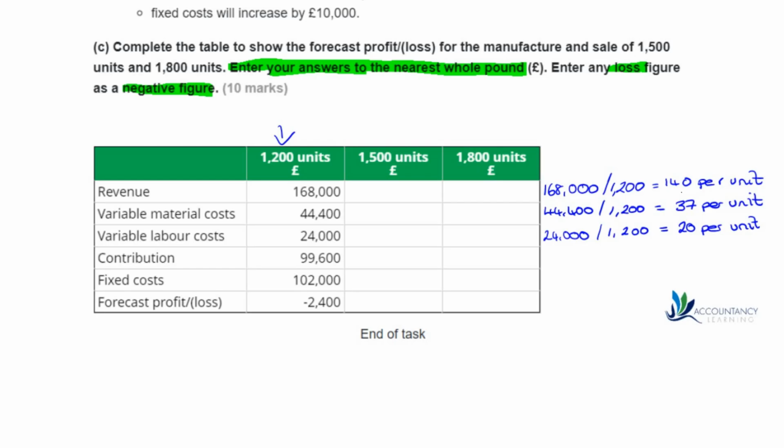So we're going to then be taking these individual costs and multiplying them by 1500 units to find our total for this new amount. So our revenue is going to be 140 times 1500. Our variable materials will be 37 times 1500.